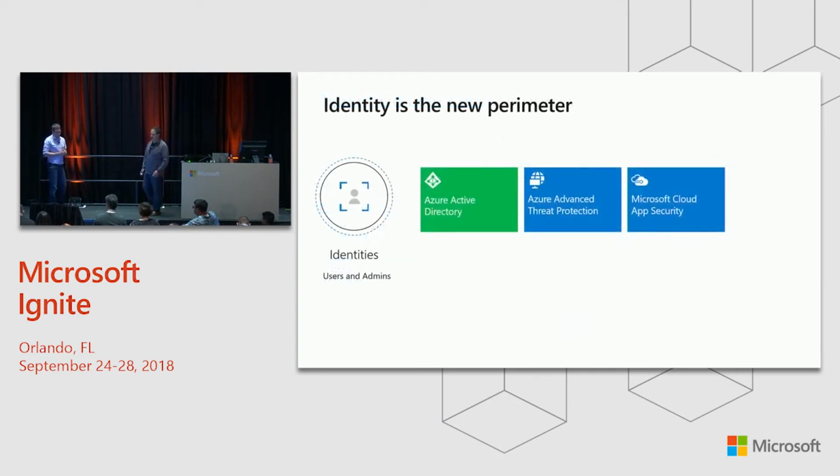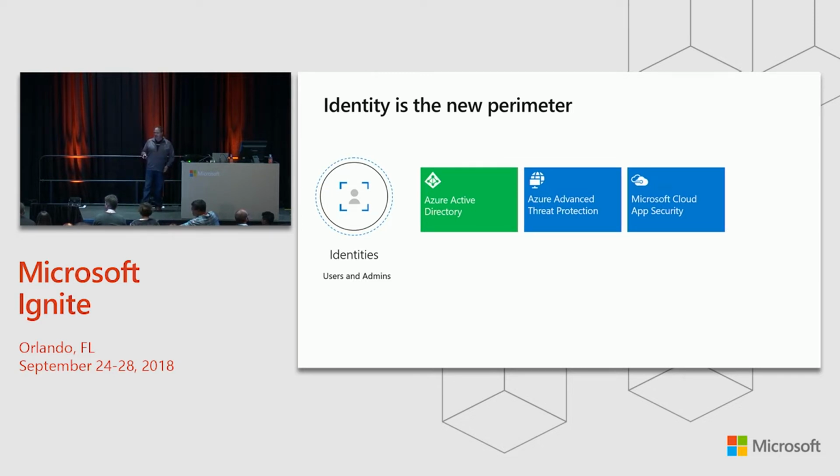So Dana, let's see how Azure AD Identity Protection looks. Great, thank you. So I mentioned that in this world of hybrid cloud and zero trust networks, identity is really the new perimeter. You no longer can rely on your firewall and your internal infrastructure to protect your organization.